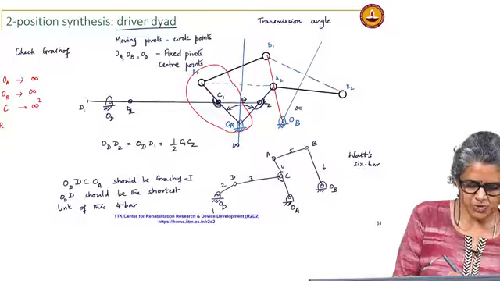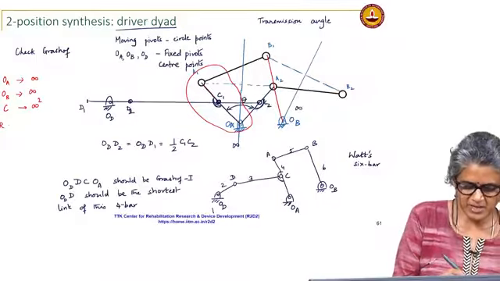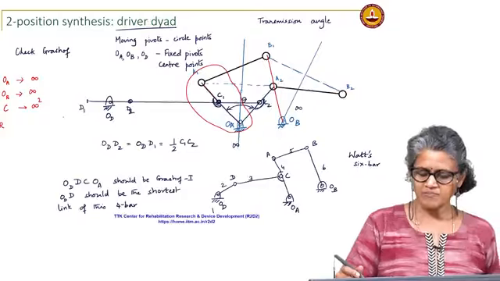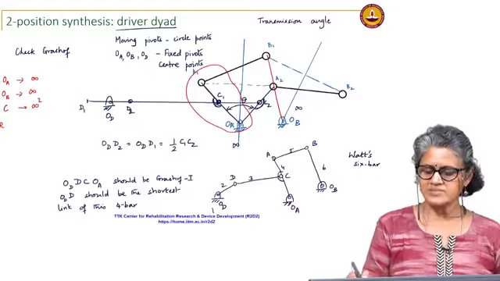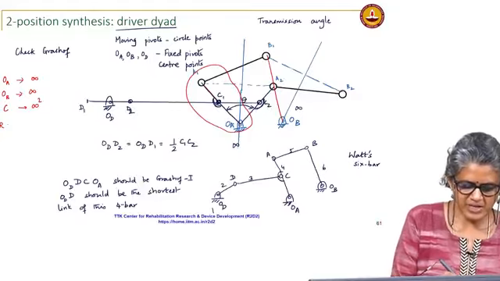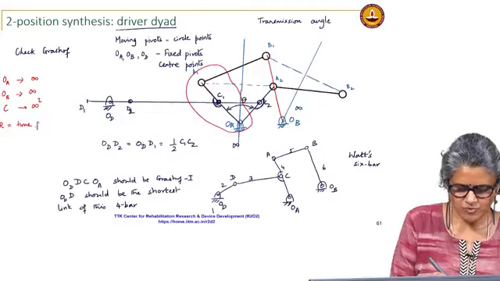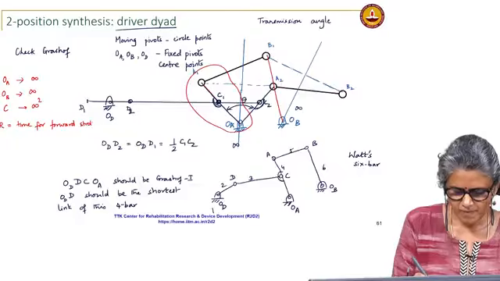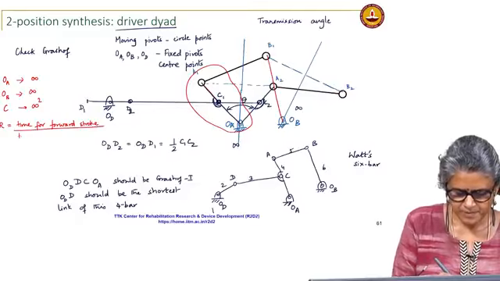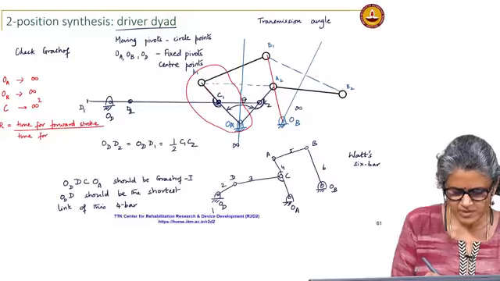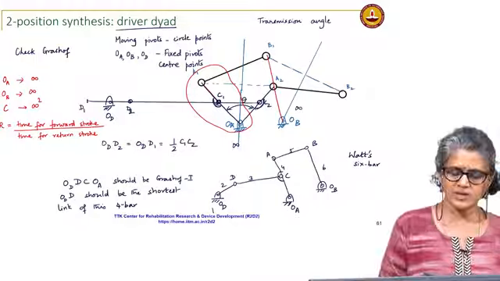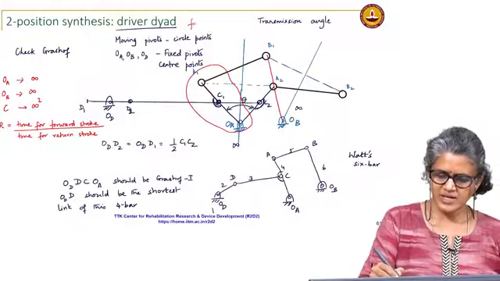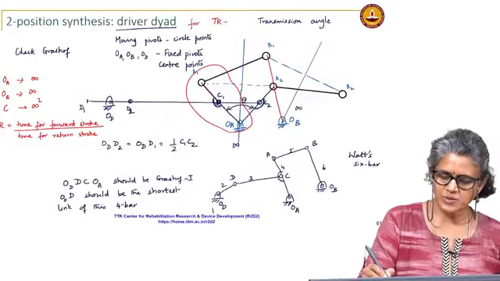If the timing ratio is given, if timing ratio equal to 1, then OD has to be on that line joining C1 and C2. Timing ratio is time for forward stroke by time for return stroke. Here I was designing a driver dyad for timing ratio equal to 1.